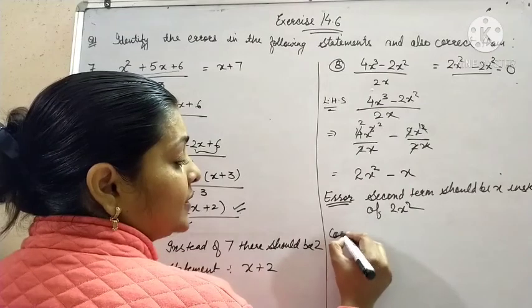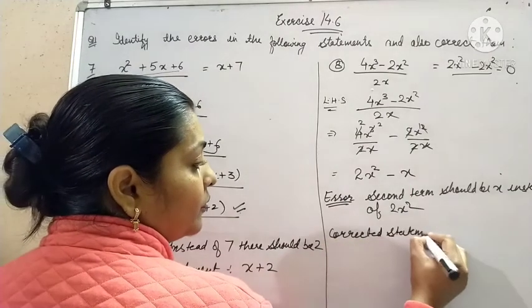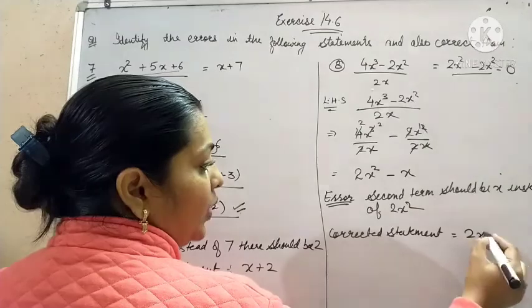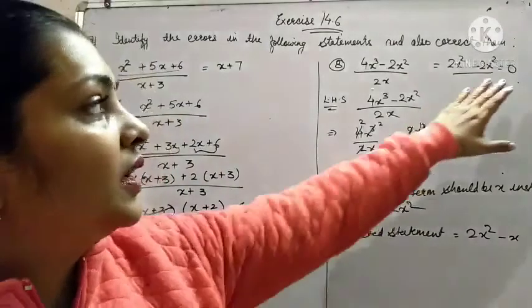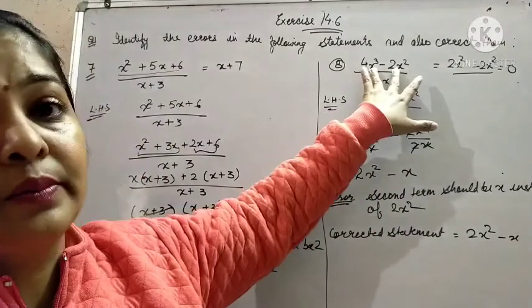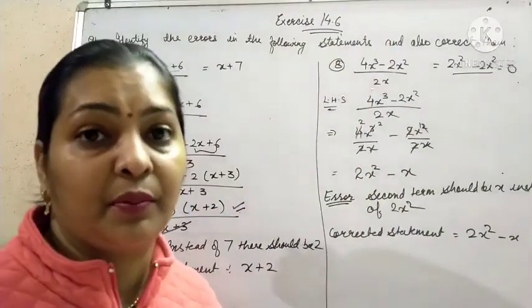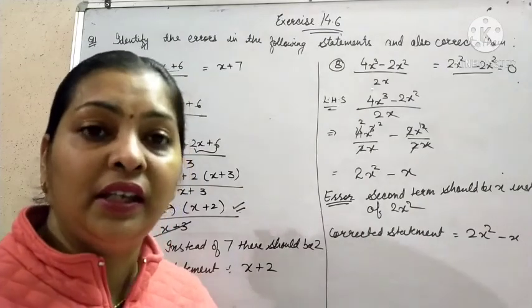Now the corrected statement is 2x² − x. Always remember one thing, if 0 is given to you, it is only possible if both the terms of the numerator are the same. Otherwise, it is not possible to obtain 0 in any case.